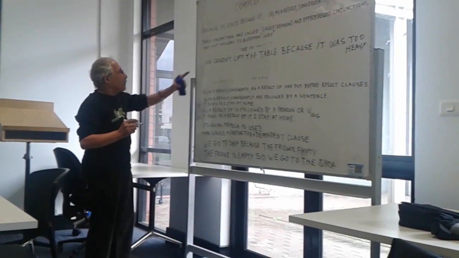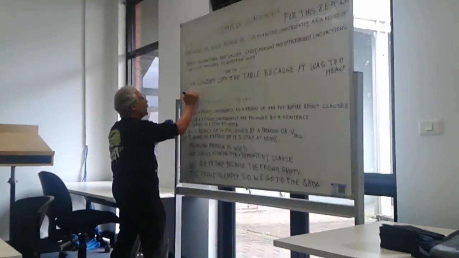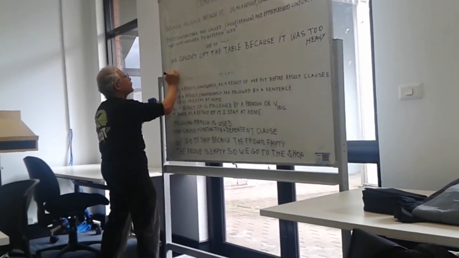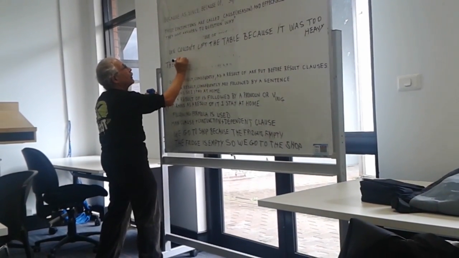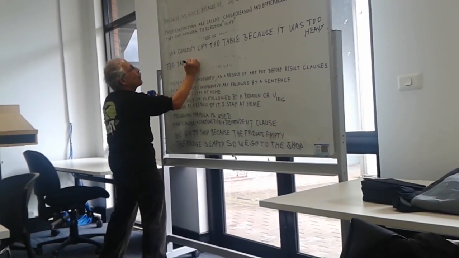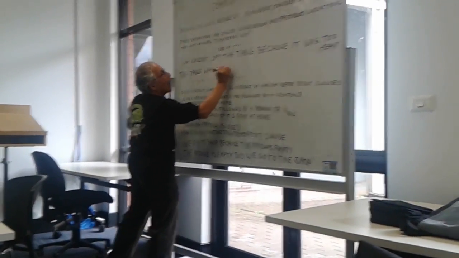And now I make this sentence by using the other group. I just come here. The table was too heavy.